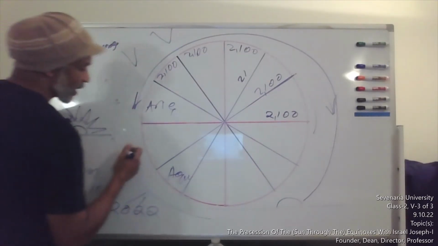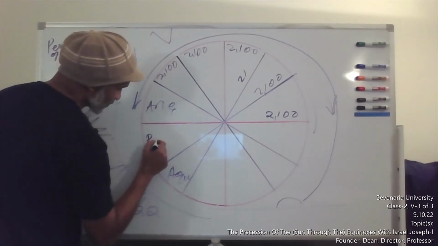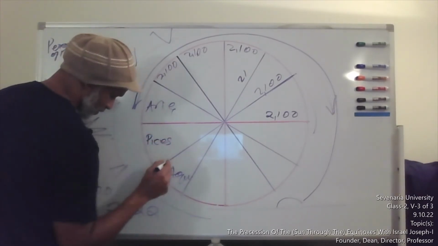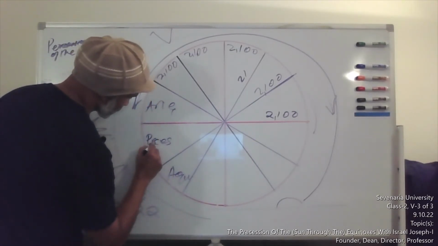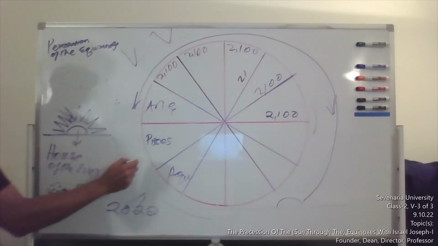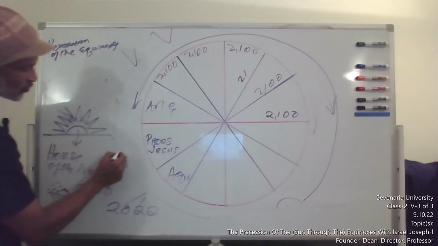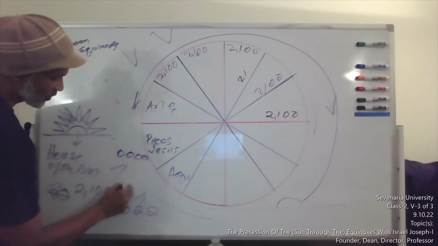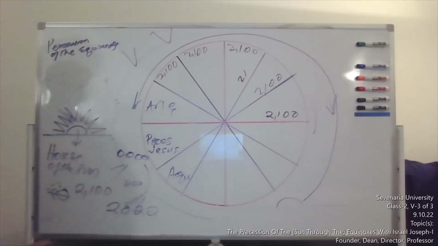And we would end up at Pisces. And this is the age of Jesus, right on time. 2,100 years ago is the age of Jesus.